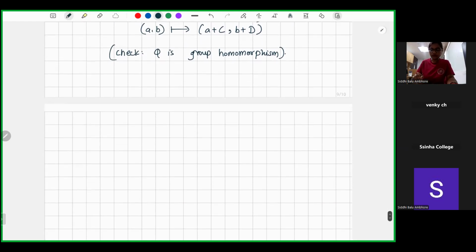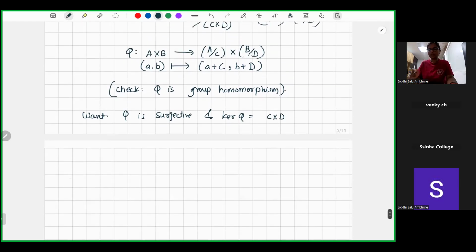Our aim is to show that phi is surjective and the kernel of phi is C cross D. Okay, but is this map surjective?